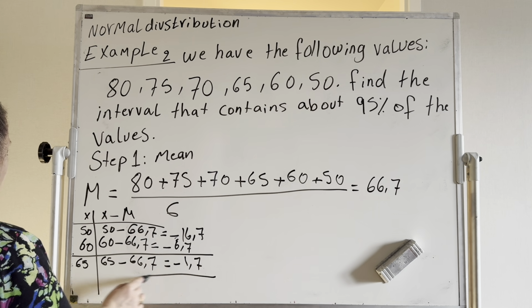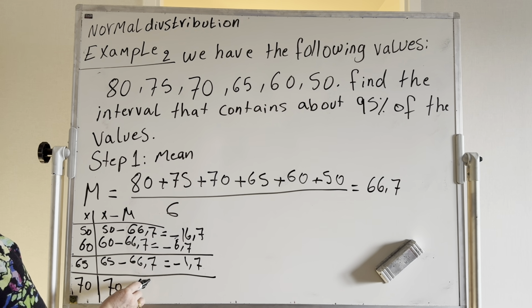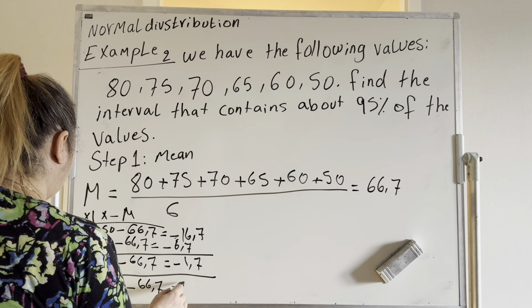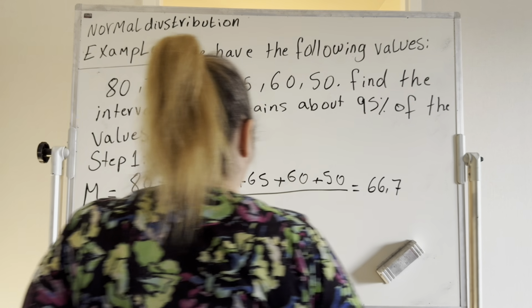Then when the value is 70, 70 minus 66.7 equals 3.3. I will continue here.